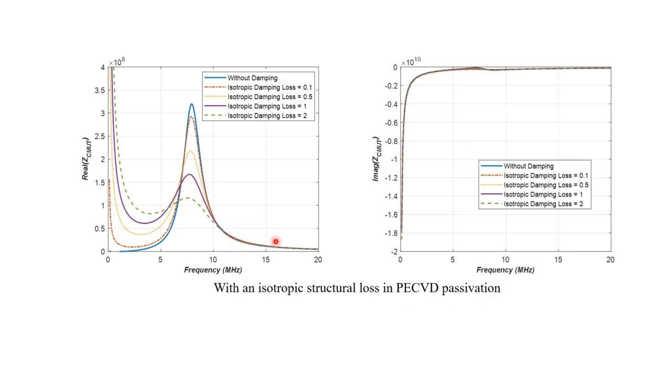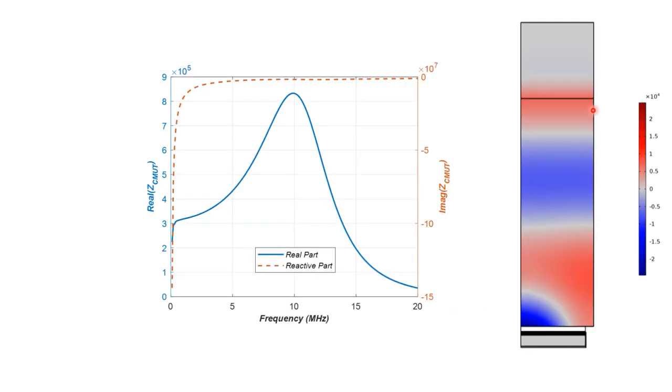And the same thing happens if you introduce symmetry conditions, periodic boundary conditions for emulating a 1D array. And these are now 120 elements. Now we have both the real part and the imaginary part, capacitive and the real part. But this is again without any pressure acoustics enabled or any structural losses introduced into the isotropic homogeneous passivation layers.